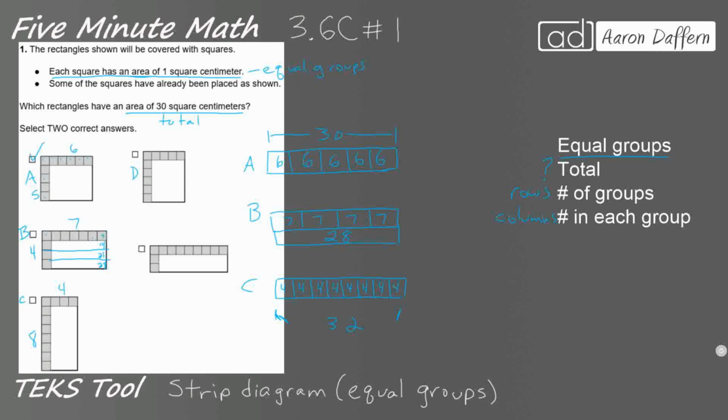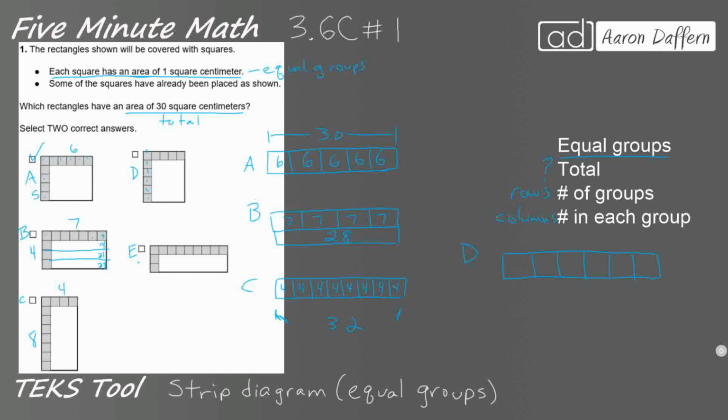Let's look at D and E; we still need one more. So D is 1, 2, 3, 4, 5, 6. Okay, so D is going to be 6. So I'm going to cut it in half. Then I'm going to cut each half into thirds.